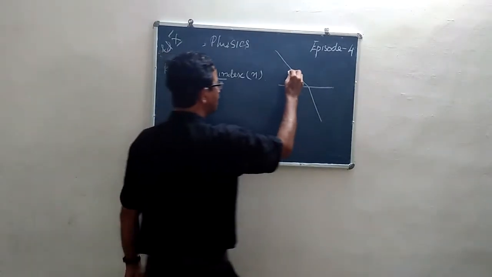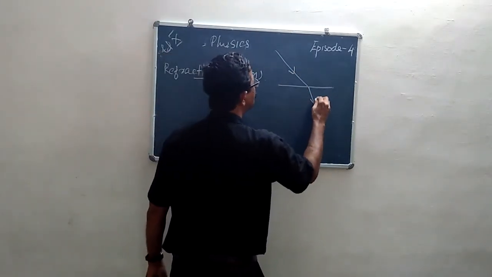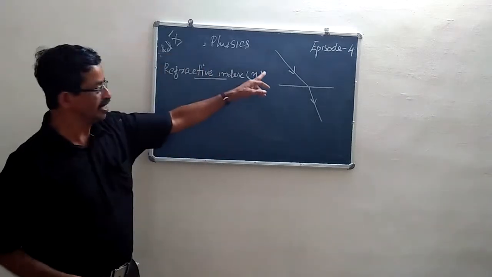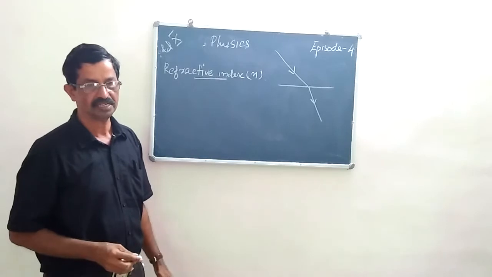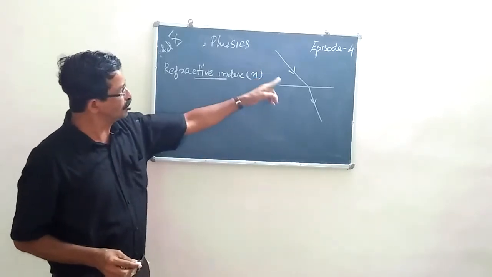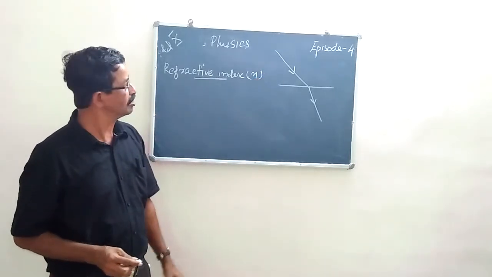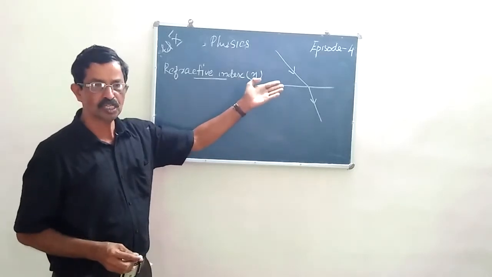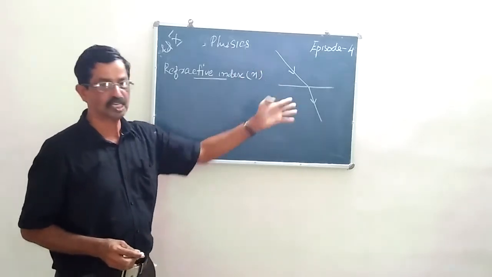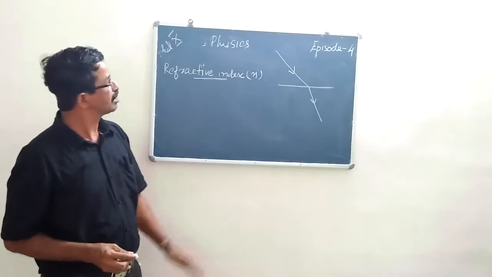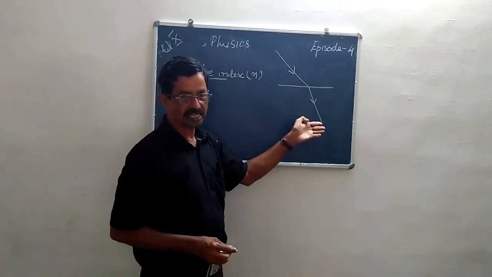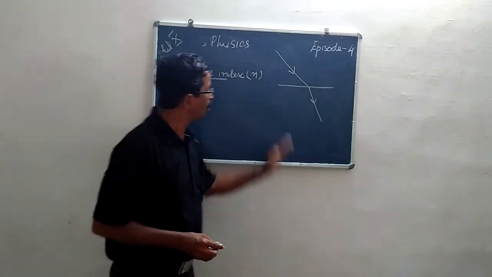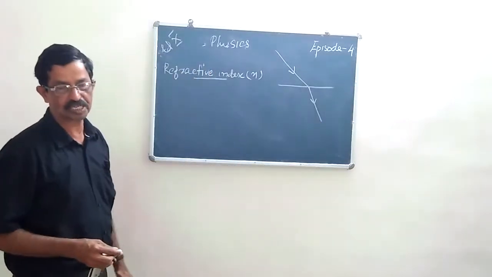When a light ray travels from one medium to another, it deviates or bends or changes direction. And this amount of deviation or bending depends on the refractive index of the medium. That means how much it deviates depends on the refractive index.